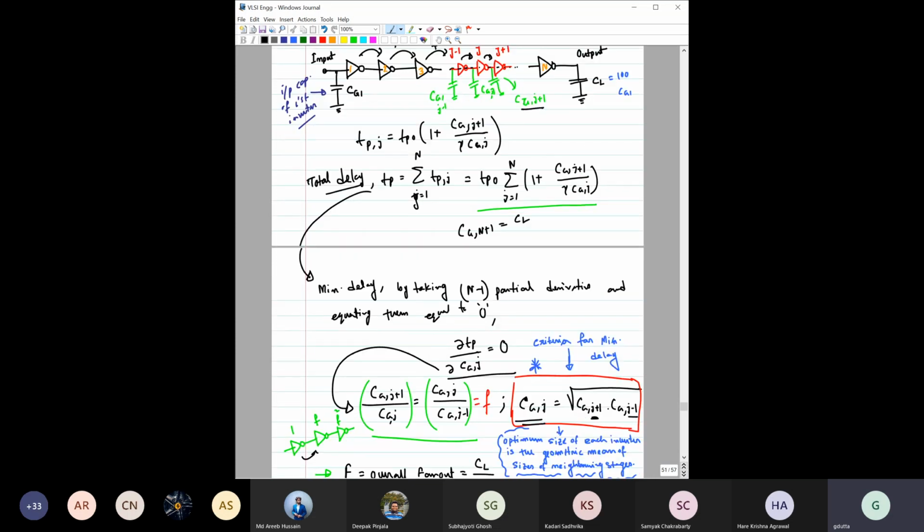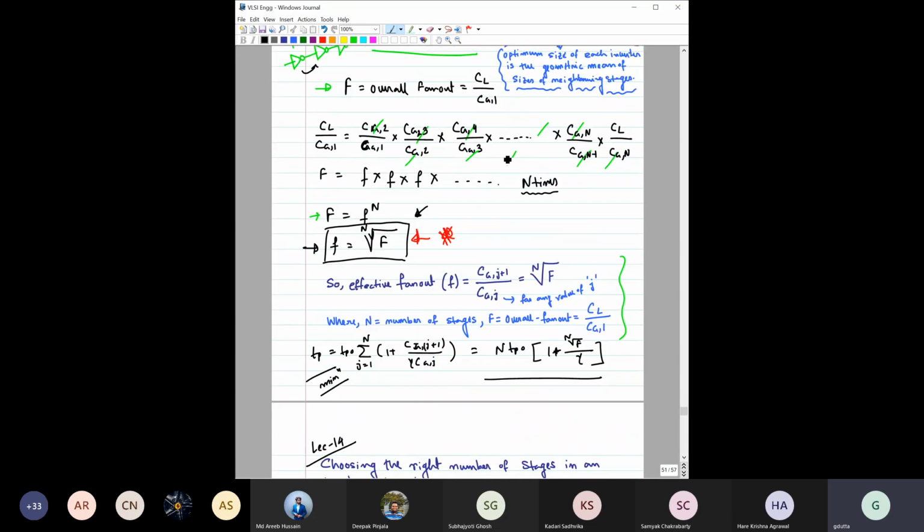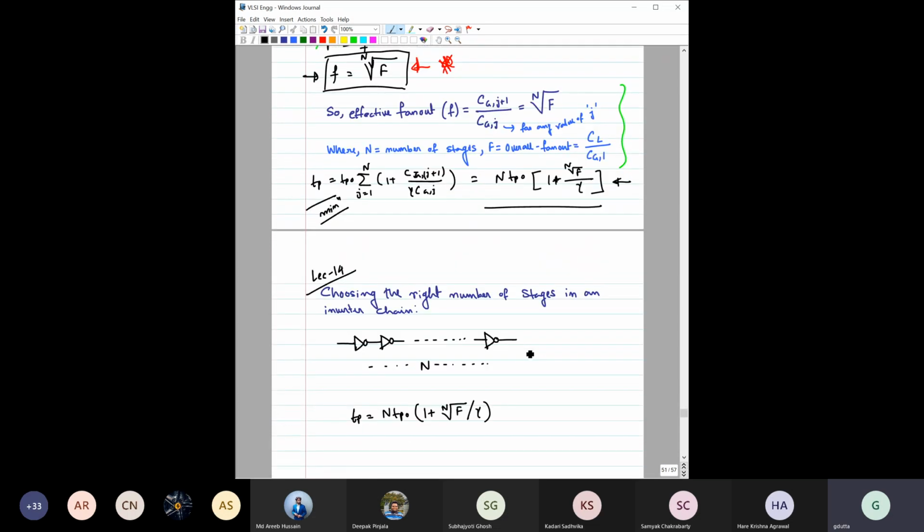Right. So again, to do that, now we know this is the total delay, right? So for the total delay, this expression, we have to take a derivative in terms of this n, right? And then from there, you have to find what should be the criteria for n to get the minimum delay.